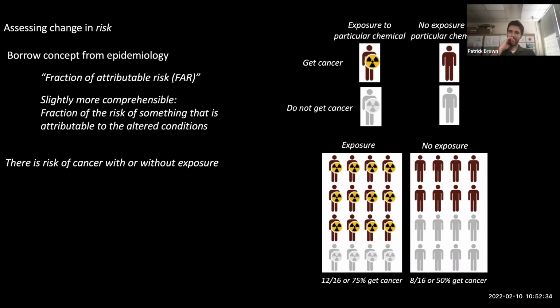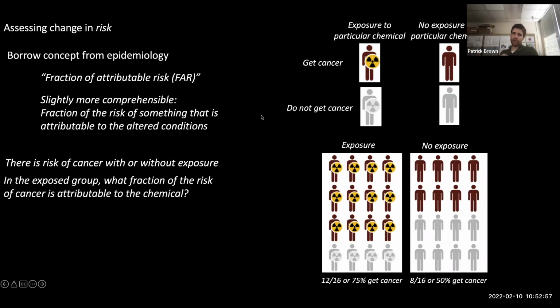If it was a situation where this particular kind of cancer, for example, does not exist without exposure to the chemical, then you are able to say with 100% certainty that the chemical caused cancer. But if there's some pre-existing risk, then you can never get to that 100%. In the exposed group, we're trying to figure out how much exposure to the chemical changes the risk.